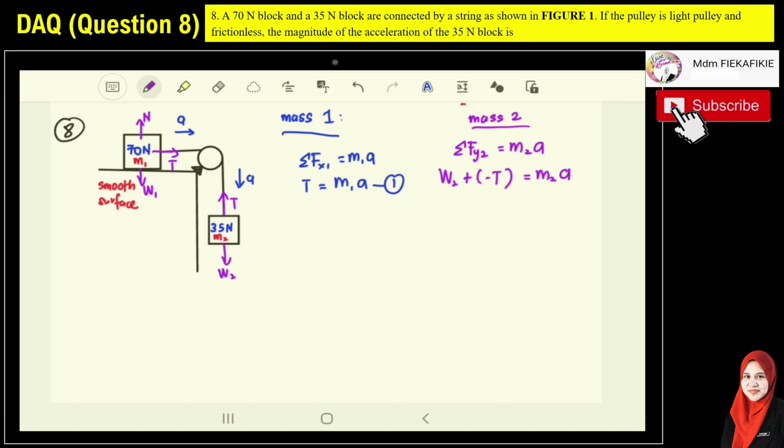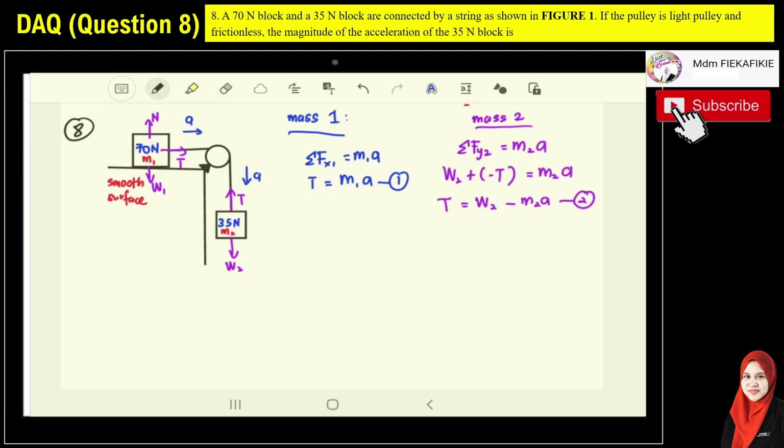So we have m2a. Now we write T is equal to W2 minus m2a. This is my second equation. Now we can substitute equation 1 into equation number 2, so m1a is equal to W2 minus m2a.